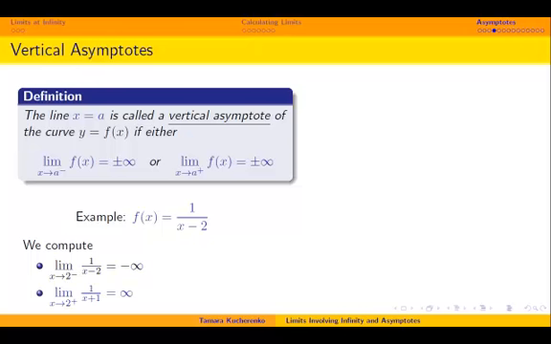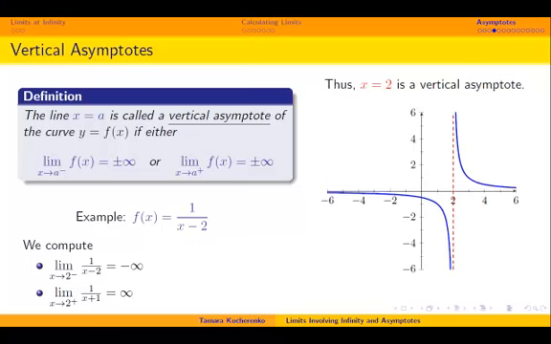When x approaches 2 from the right, x is larger than 2, and the denominator x minus 2 tends to 0, staying positive. The right-hand limit is positive infinity. Therefore, the line x equals 2 is a vertical asymptote.